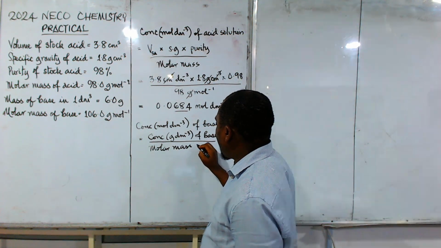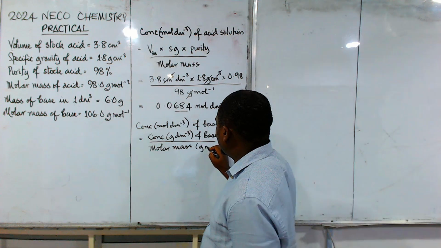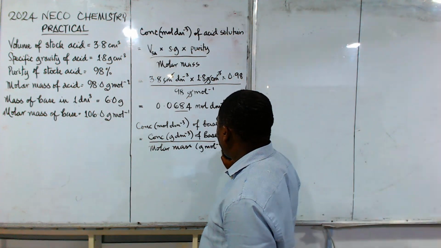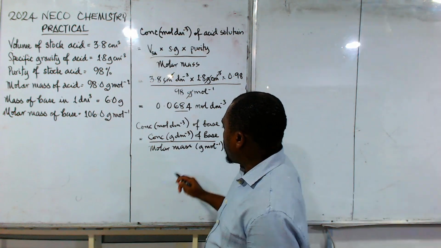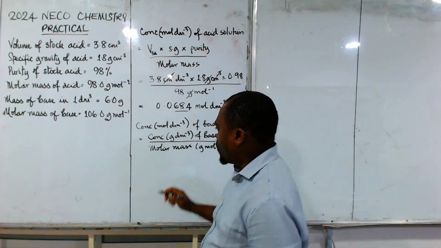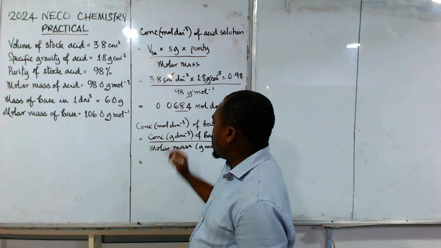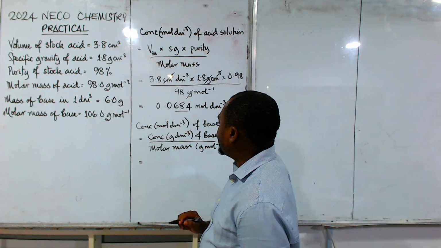Molar mass is in what? Grams per mole. And you see that grams per dm cube divided by grams per mole will give you what? Moles per dm cube.